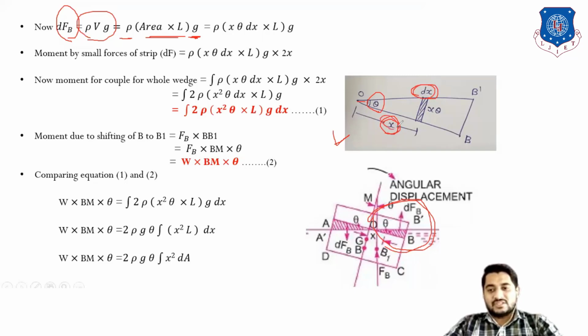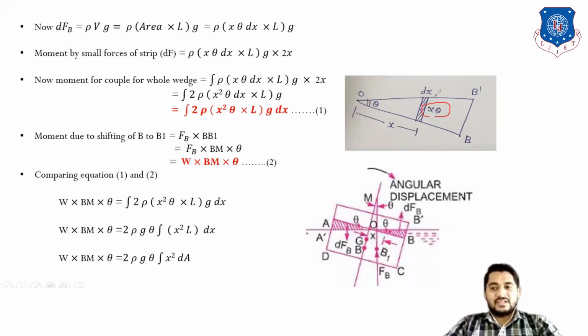The distance is x and theta is small, so the opposite side can be found as x into theta. Clear? So for this strip, the height will be x theta and the length will be dx.